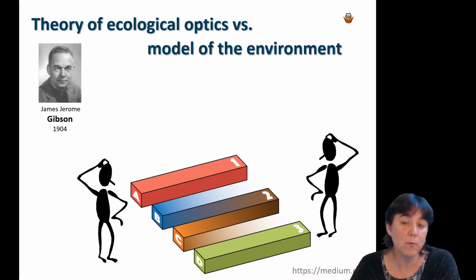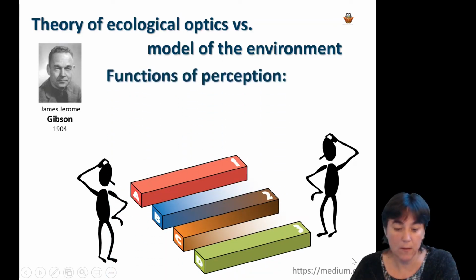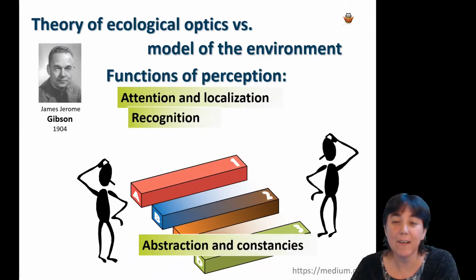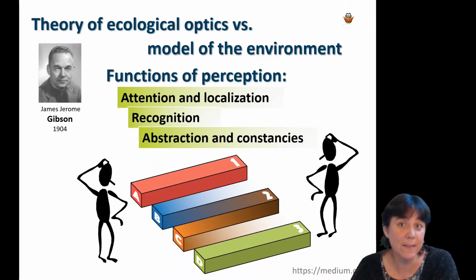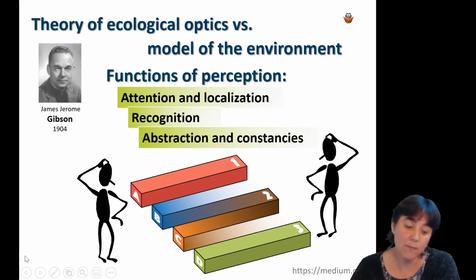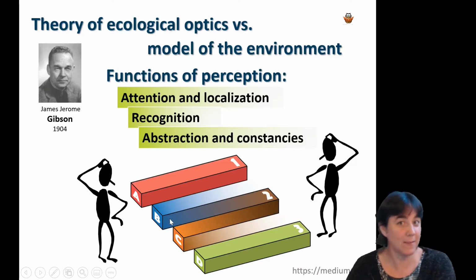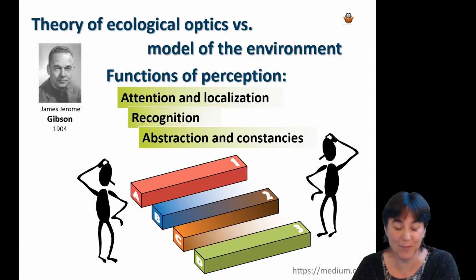So most people today believe that the second theory is more plausible, and throughout the rest of the lecture, I will build up what we call the basic functions of perception, and they are attention, localization, recognition, abstraction, and constancy. So we will talk about these 5 main functions along the way, and from whichever aspect you're looking at, you might see very different things, but the end result should be the same.